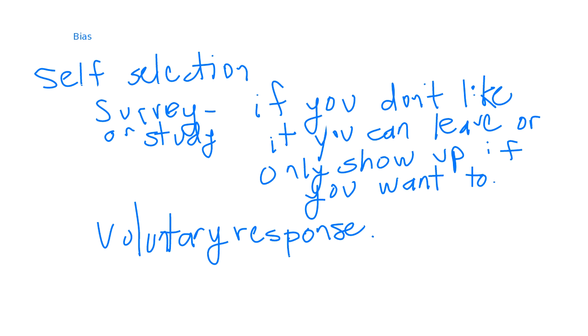There's 5 different ways to sample that we talked about, and then there's about 4 or 5 biases that we looked at on how to pick a good sample. Next week, we're going to talk about making hypotheses to our study.